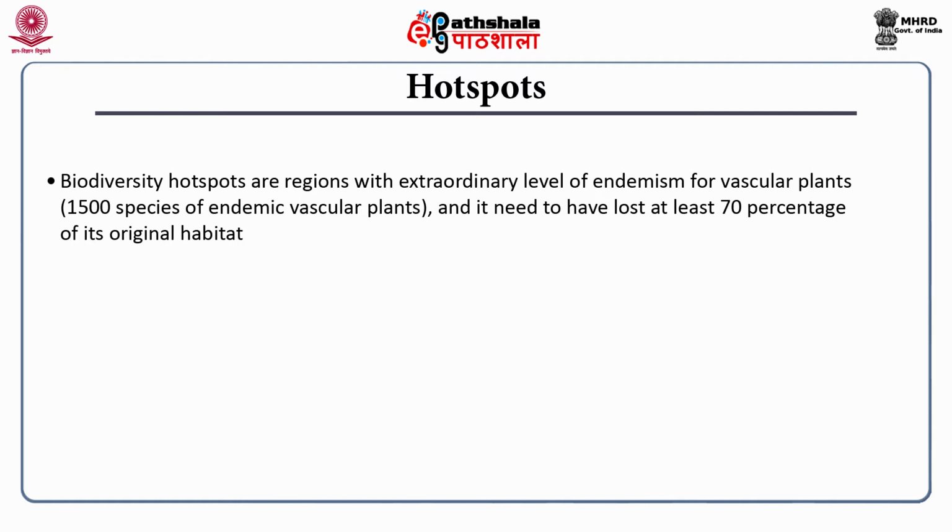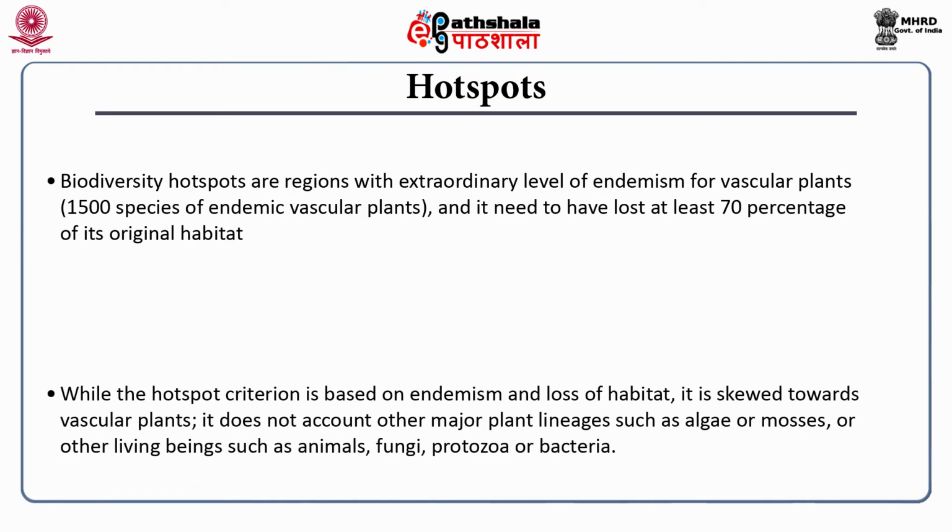So, these locations, the hotspots, need to be under tremendous anthropogenic pressure to call them a hotspot. So, that is why these hotspots are the main concentration, the main objective for most of the worldwide conservation programs, because these hotspots are tremendously under pressure from the expanding human population.